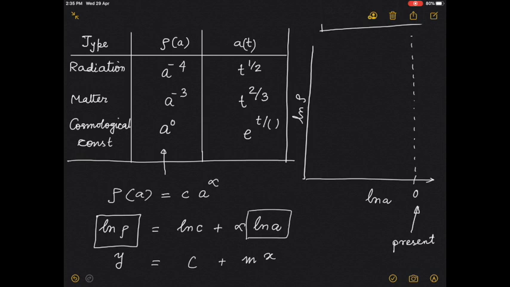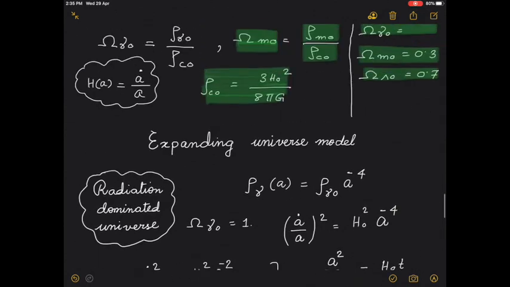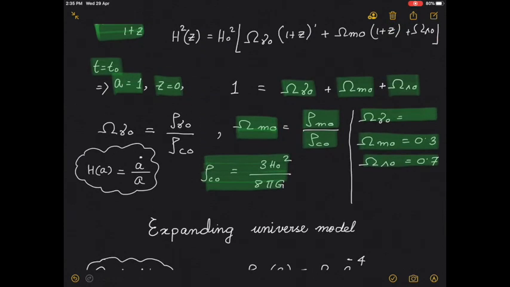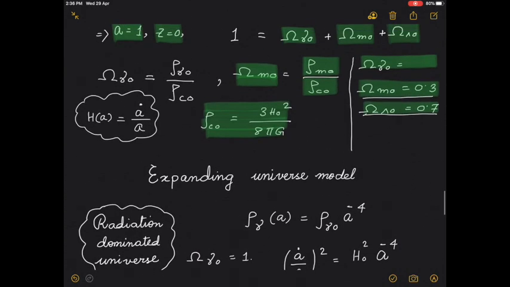Now, we can claim that we know these densities at present, because that is what these numbers tell you. These numbers tell you the values of the densities at present.